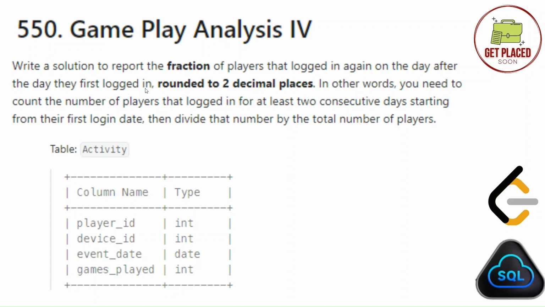So if you have gone there on both the first day and the second day, then those player details we are considering. We'll calculate how many such players have gone on the second day, and we will calculate the fraction of it. Once we get the fraction, we'll round it to 2 decimal places.